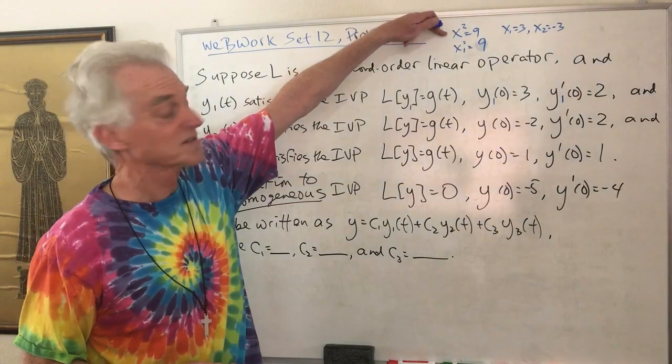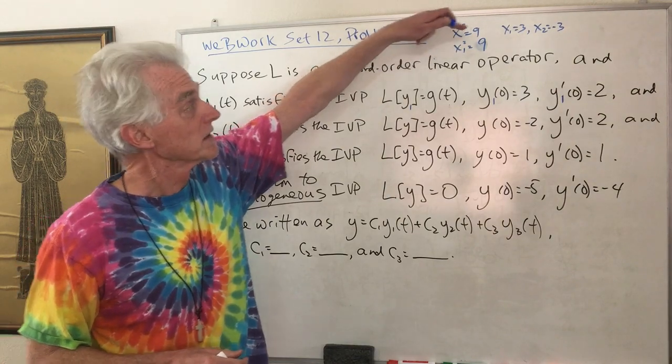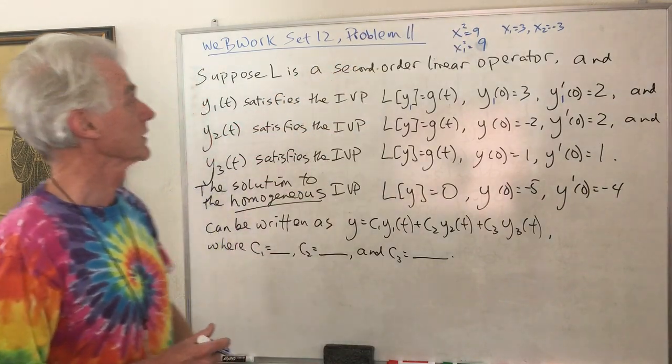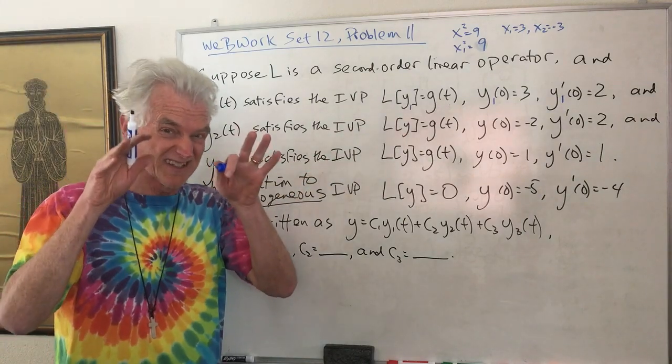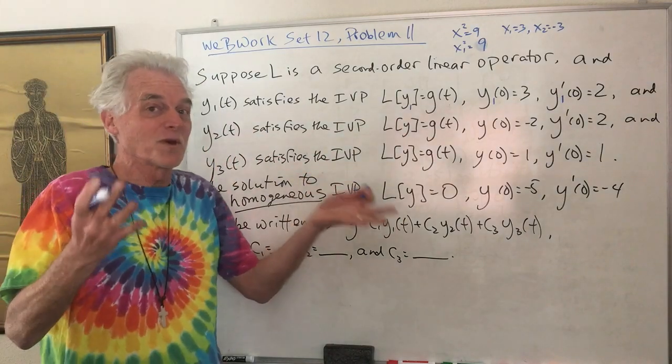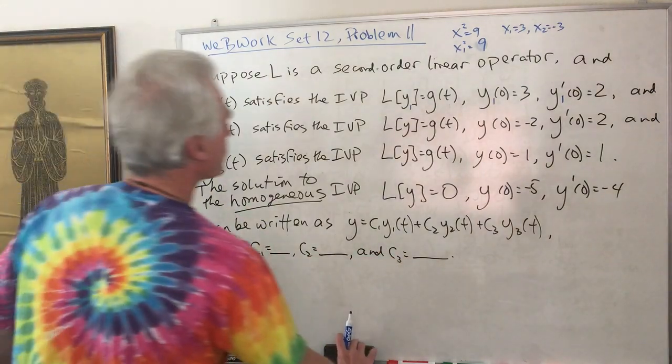So here x is the variable unknown, and here x1 is 3, right? So it's the same kind of thing here. y1 is some explicit function. We just don't know what it is, right? Okay.